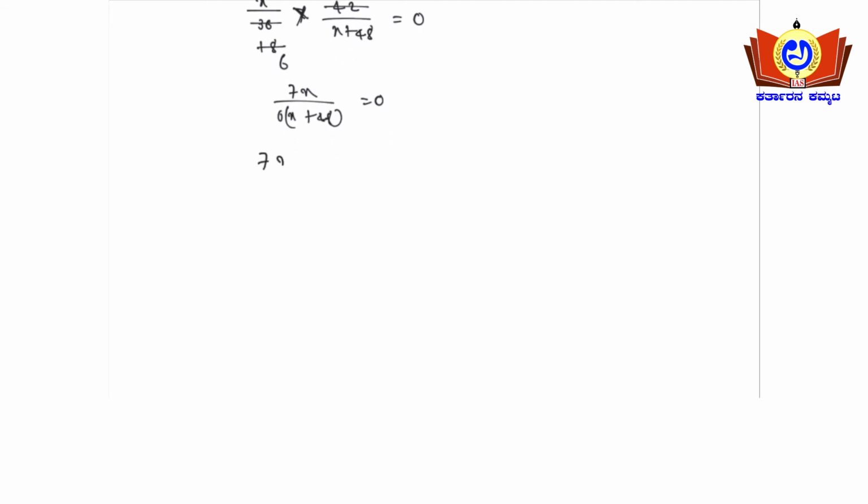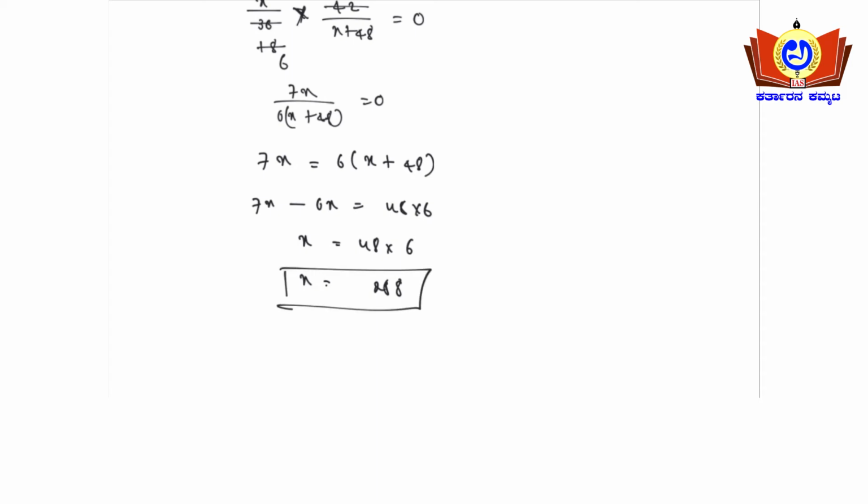Now 7x minus 6x will be 48 into 6, so x will be 48 into 6. 6 sixes are 36, 6 eights are 48, so 288. X will be equal to 288.